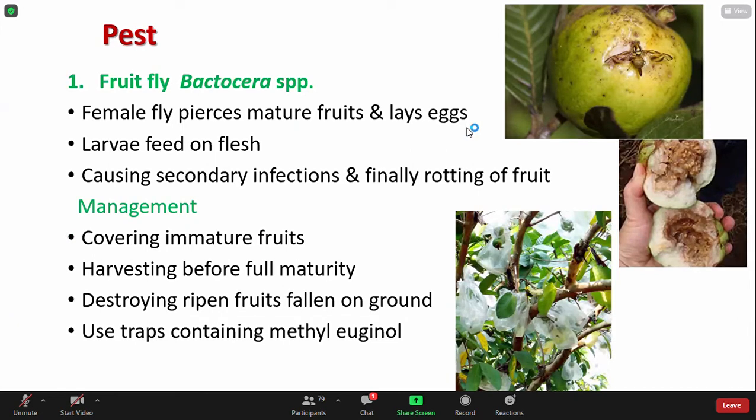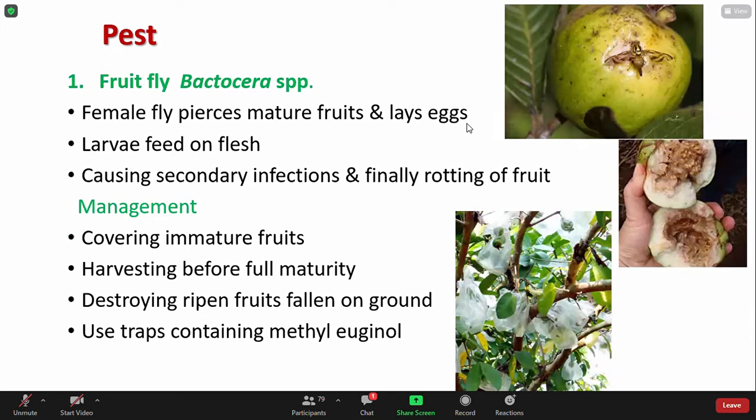And how can we manage this pest? By covering the immature fruits, to prevent the entry of the pest into the fruit, and harvesting before full maturity. Here you have to note it down. You have to discuss the reason why guava is harvested before full maturity: to avoid the fruit fly.